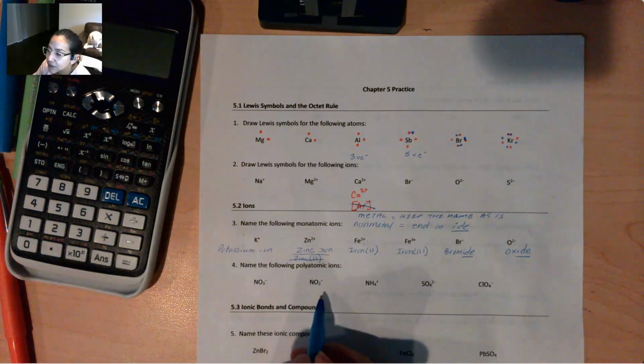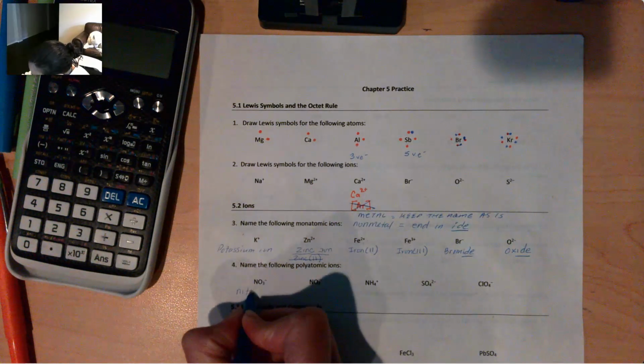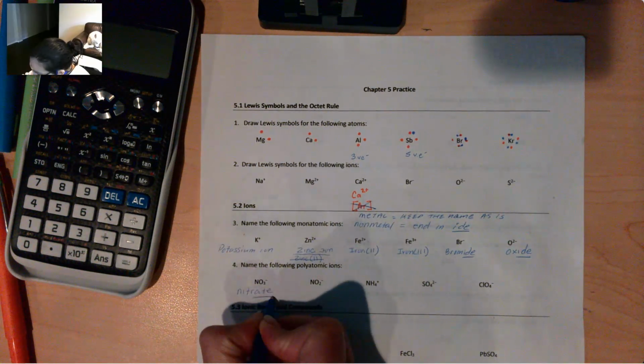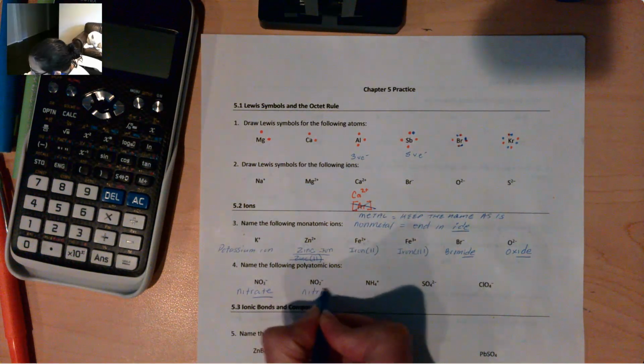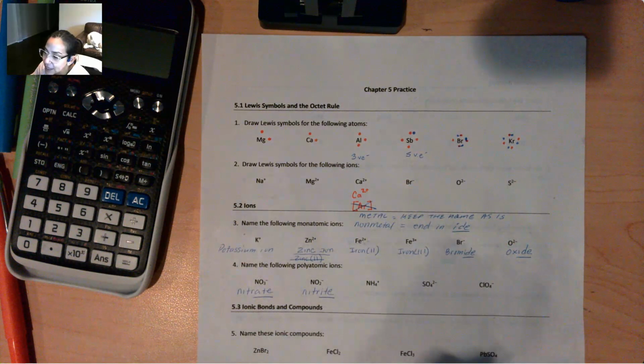If you're still hungry, you're going to be like, my stomach hurts. So this one's going to be nitrate because it has more oxygens, and this one's going to be nitrite because it has less oxygens. So these ones, go ahead and find those on a polyatomic ion sheet.